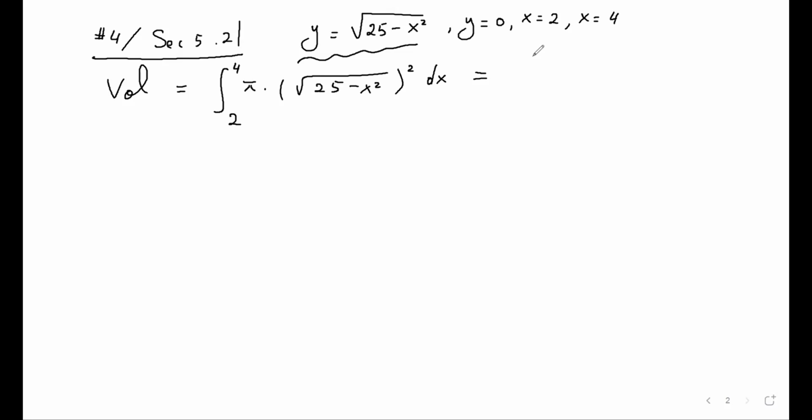And if you do that, then you get an integral from 2 to 4, and the square here is 25 minus x squared dx. All right. So this thing here is yet again a simple problem of antiderivatives.